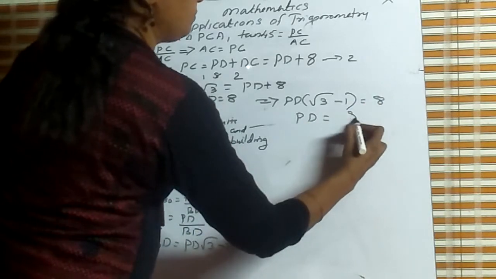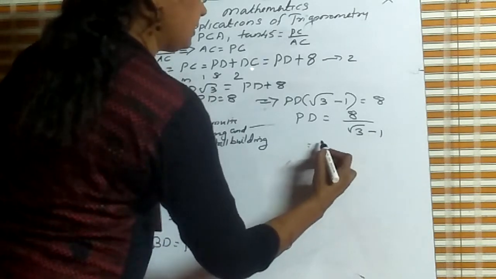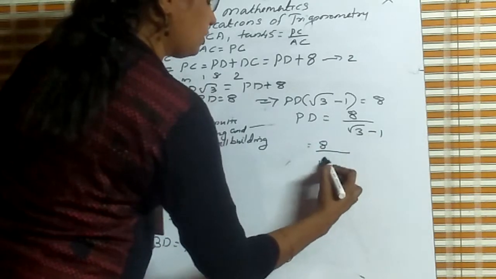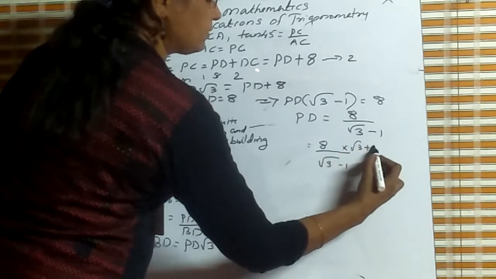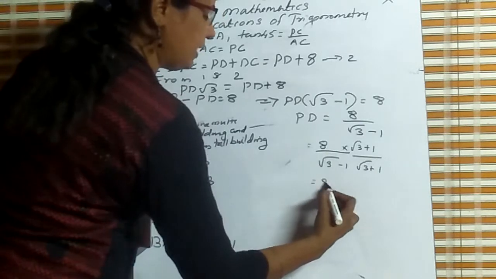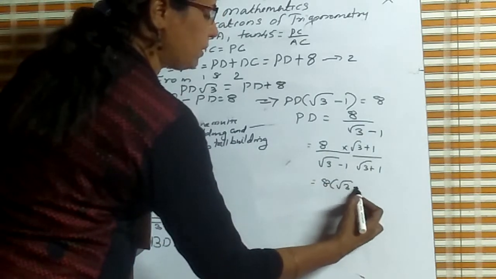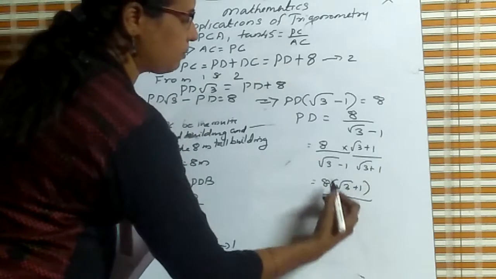PD is equal to 8 divided by root 3 minus 1, equals 8 by root 3 minus 1 into root 3 plus 1 by root 3 plus 1, equals 8 into root 3 plus 1 divided by, this is a minus b into a plus b, a square minus b square.